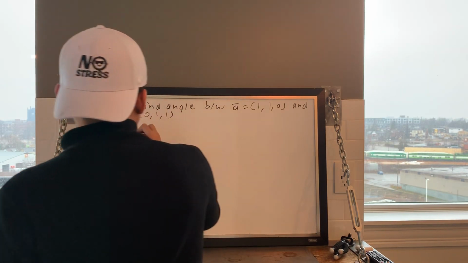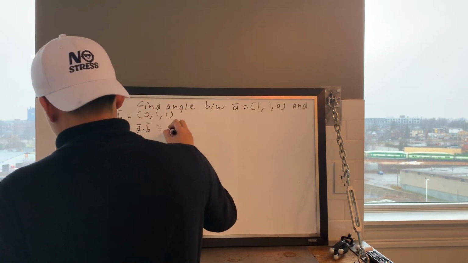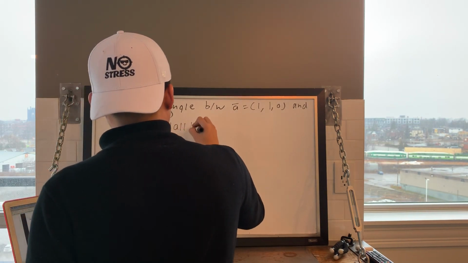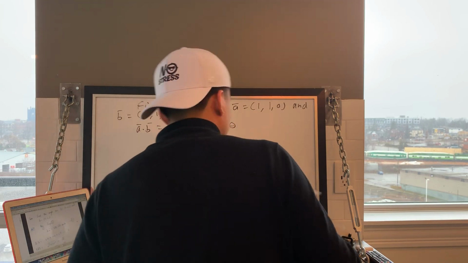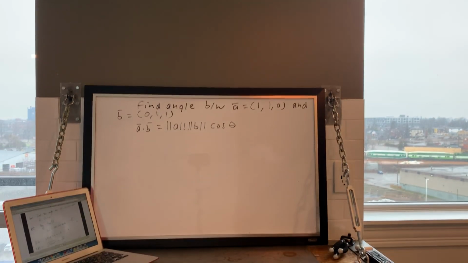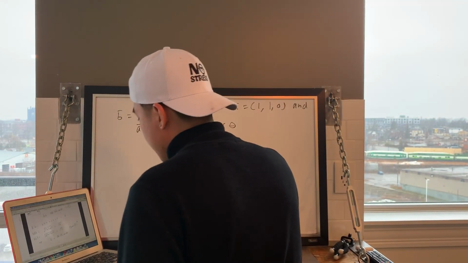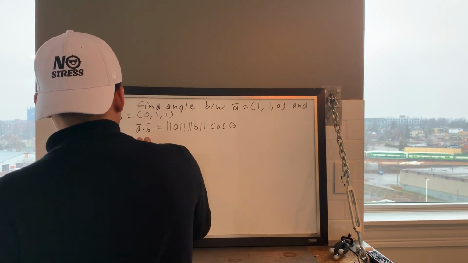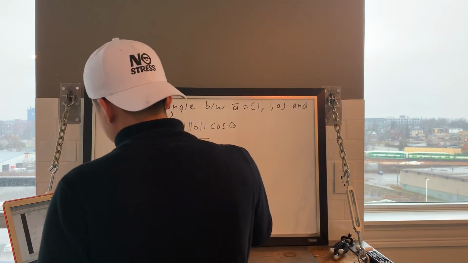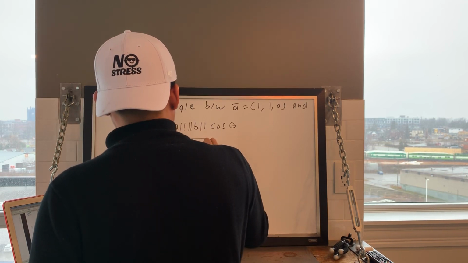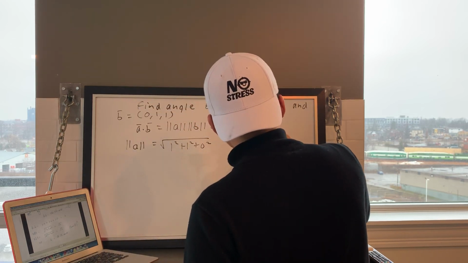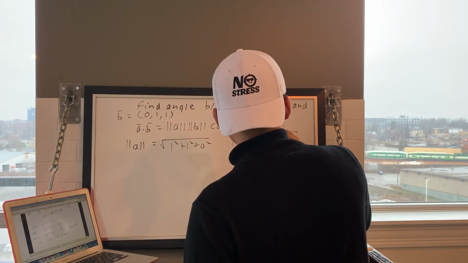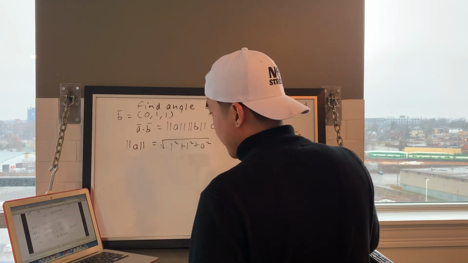Okay. So since A dot B equals magnitude A times magnitude B cos theta, right? You have that. What happens is that this equals this, and this equals this.